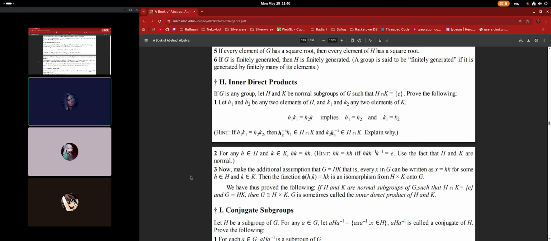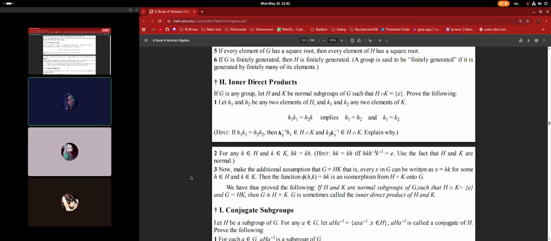We must prove the following. Let H1 and H2 be any two elements of H, and K1 and K2 any two elements of K. It wants us to prove that if H1 K1 equals H2 K2, there's a typo there, missing a two, it implies that H1 must be equal to H2 and K1 must be equal to K2.